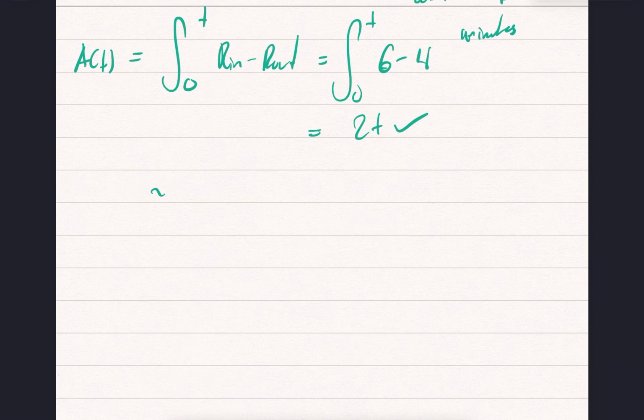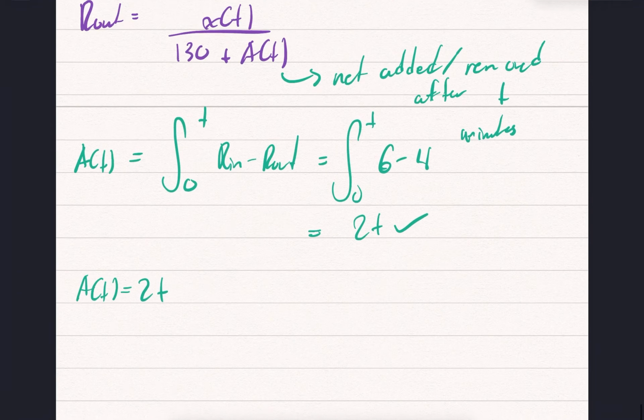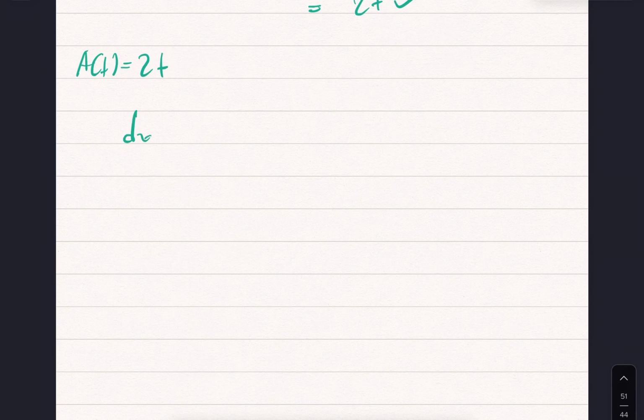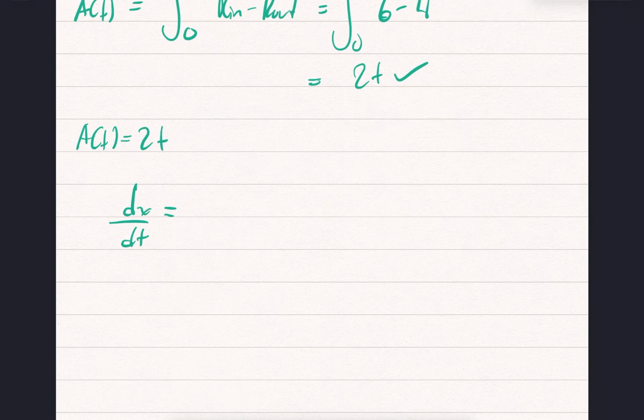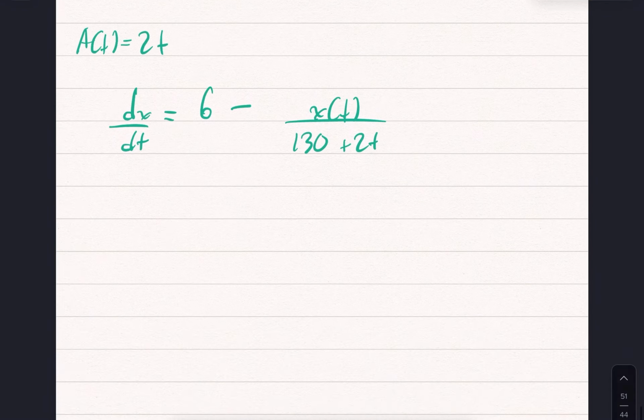So, with that being said, we have a at t equals 2t, and we can just now sub in. So, our dx by dt equals the rate in, which is just the amount, so 6 liters, minus x at t over 130 plus 2t.